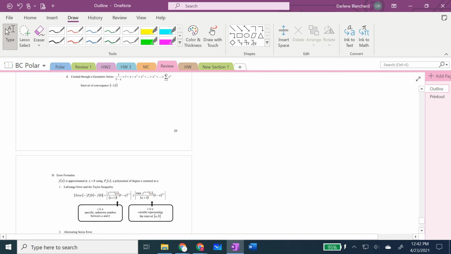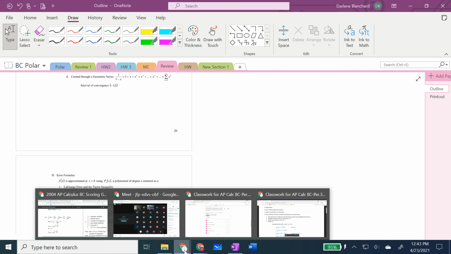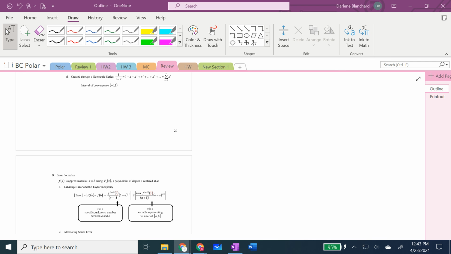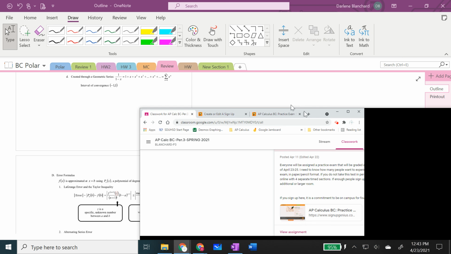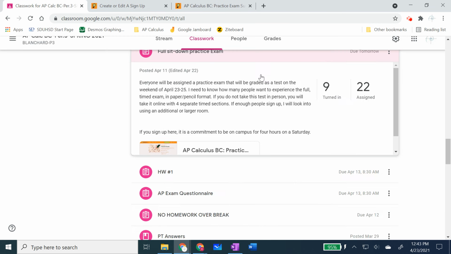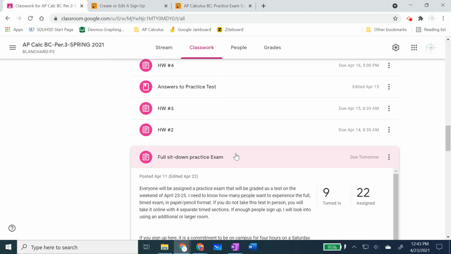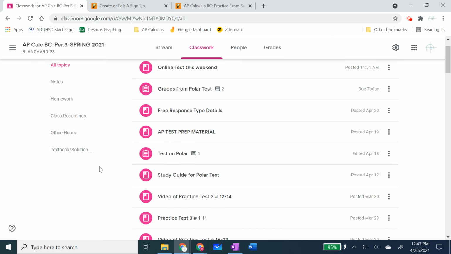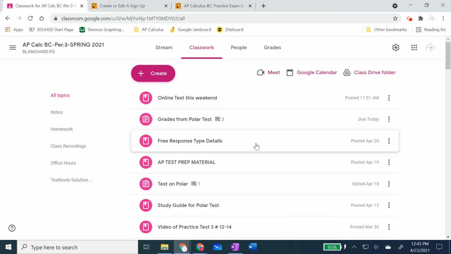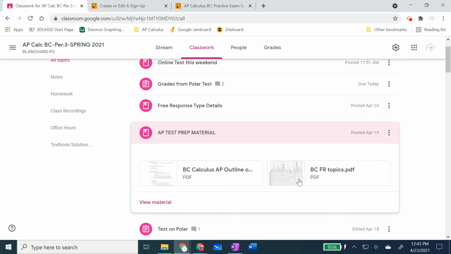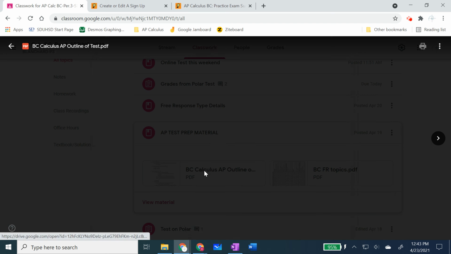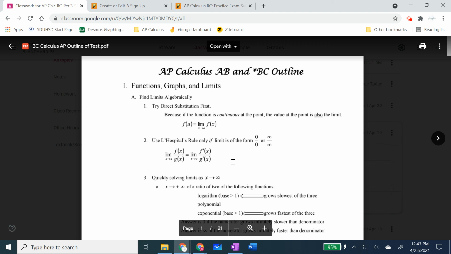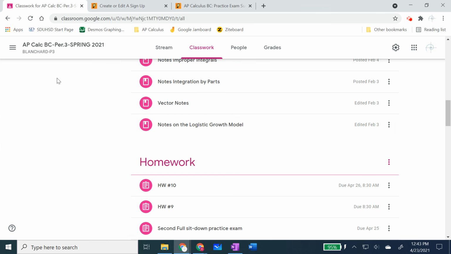Where is this specifically? You can find this. Bring this over. I've got it all in caps. AP test prep material. This is the outline that I was just showing you.